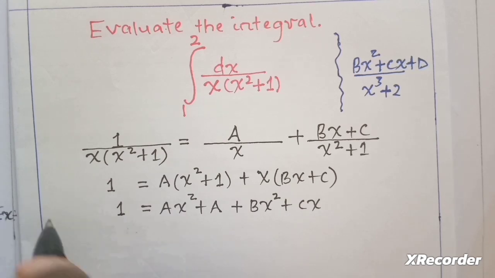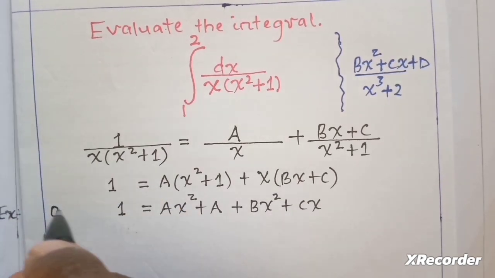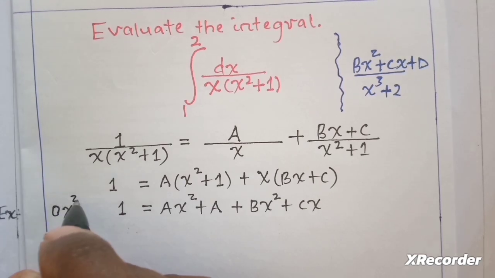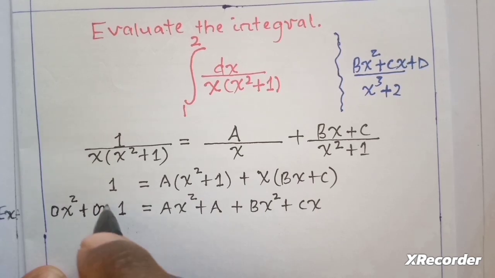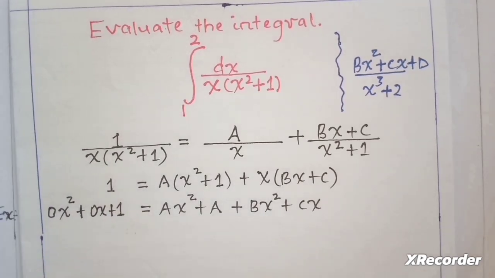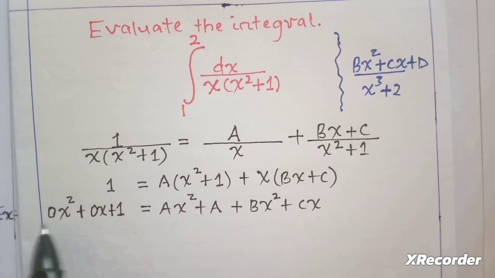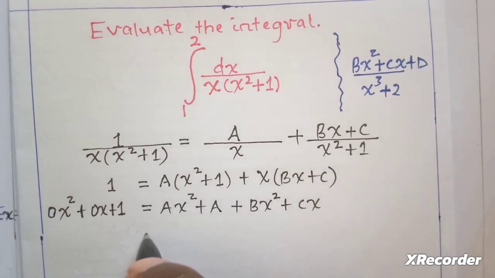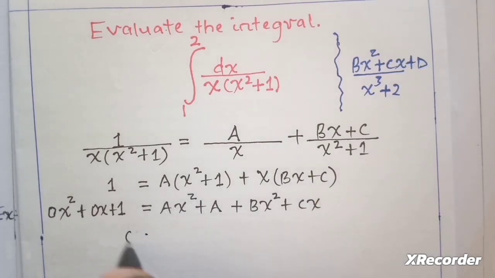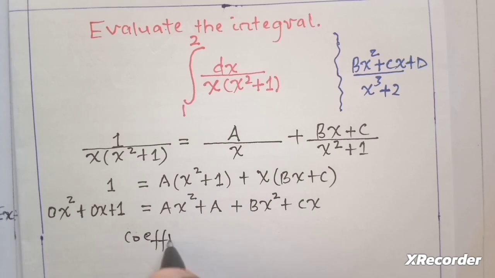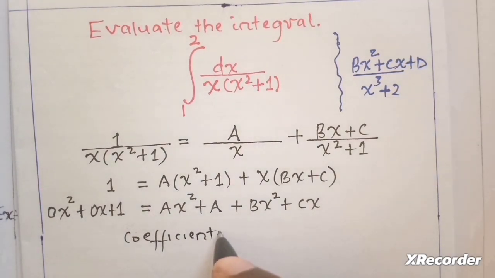So on this side we will have 0x squared plus 0x, like that, guys, because we know that this side we don't have any other value apart from 1. So the coefficient of x squared will be 0, the coefficient of x will be 0. Now we can find the coefficients, first for x squared.